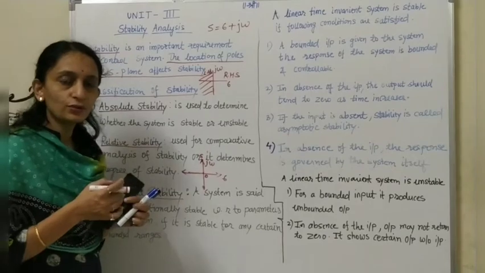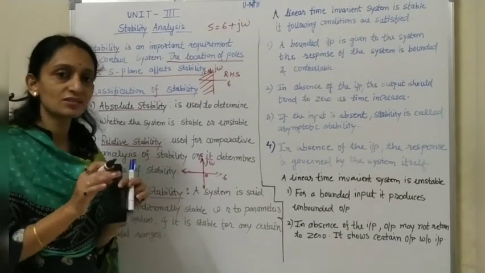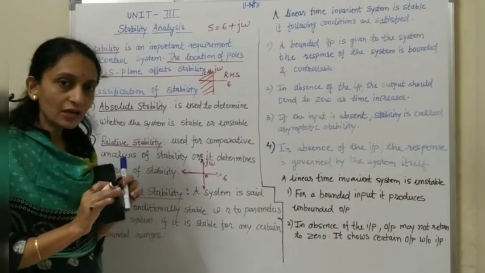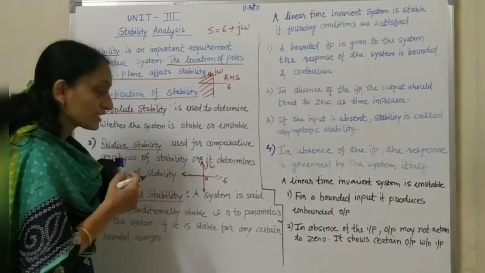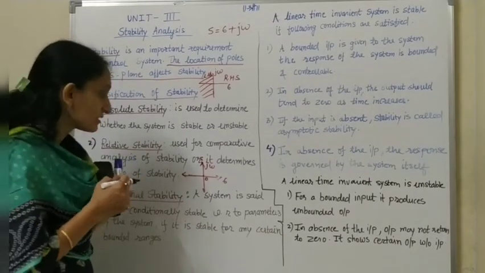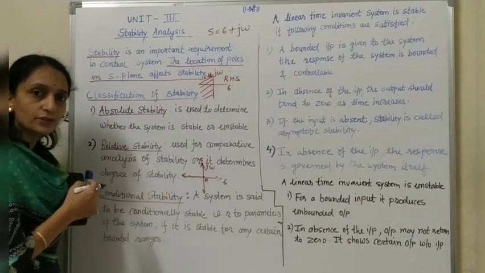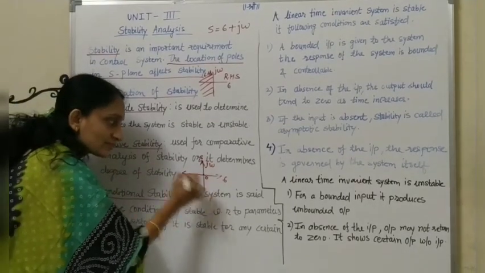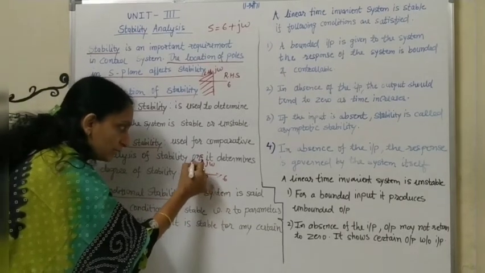Just now I told you, if the poles are on left hand side of j omega axis, the system is stable. But now we have to check how much degree of stability is there, how much the system is stable. In that case, we will do the analysis. So how will we do the analysis? Suppose this is S-plane. We will shift this S-plane to a new plane.